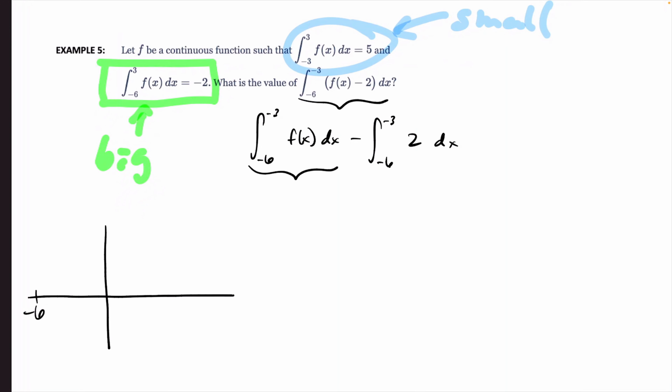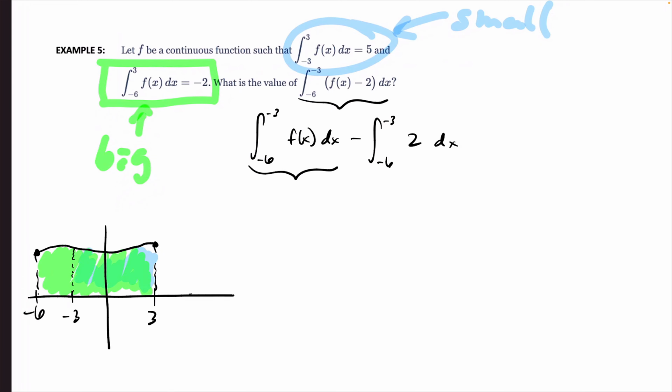So from -6 to +3, that's the green. The blue only goes from -3 to +3. So it's not going to really show up that well because the colors are going to overlap, but this is what it means.